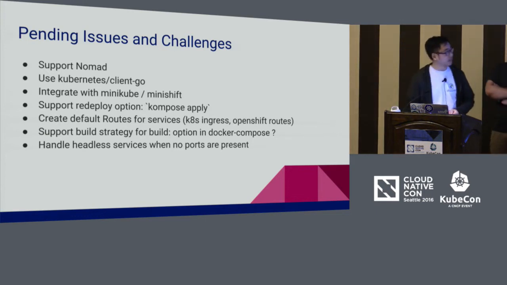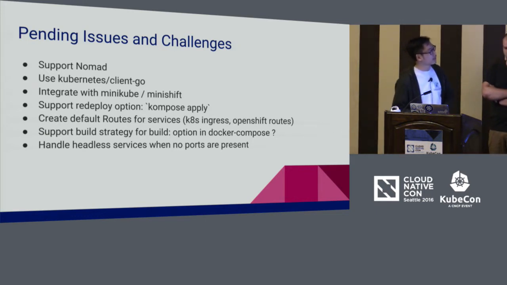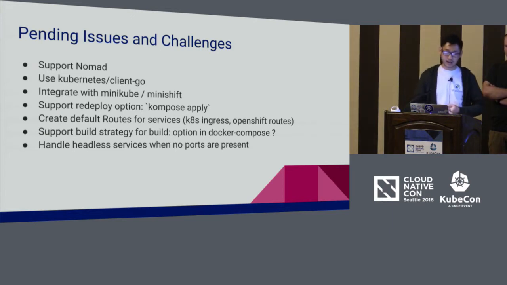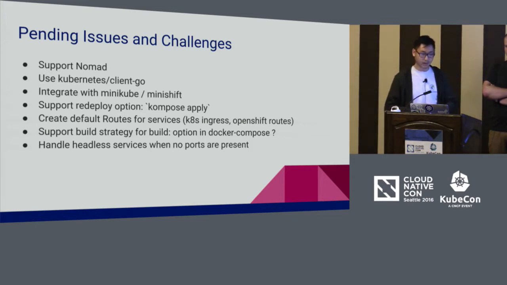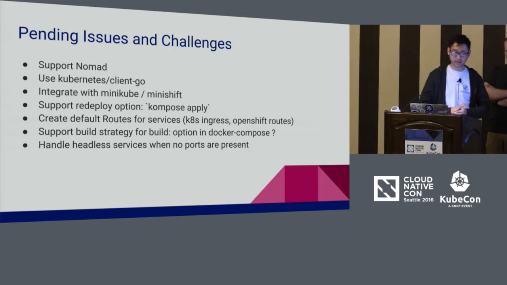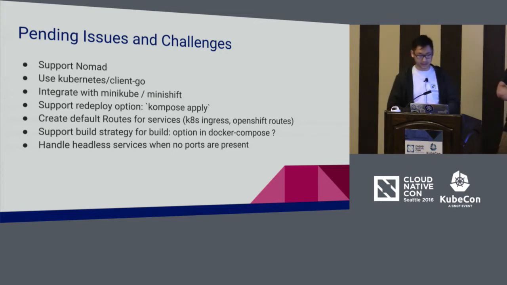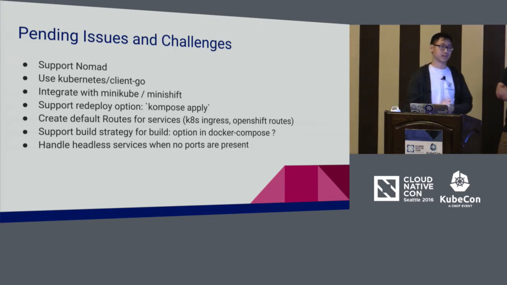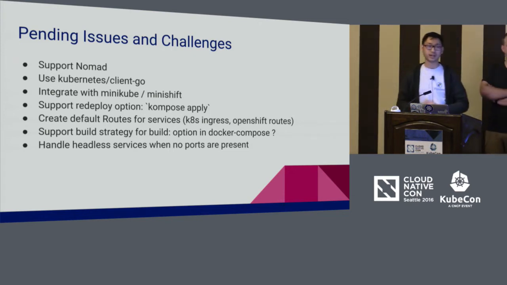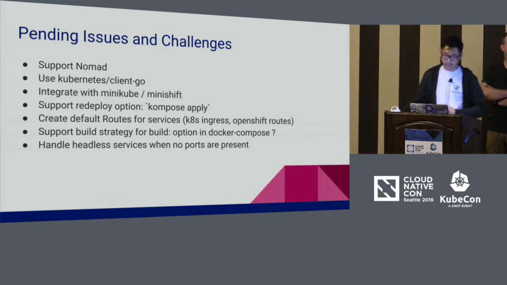There are some interesting issues we list out here. For example, we would like to support Nomad as well. And we try to adopt the Go client from Kubernetes and integrate with Minikube or Minishift, if some developers would like to try Kompose in their own local environment.